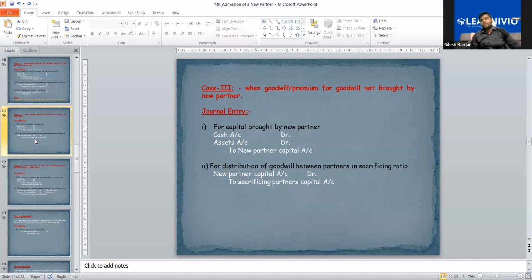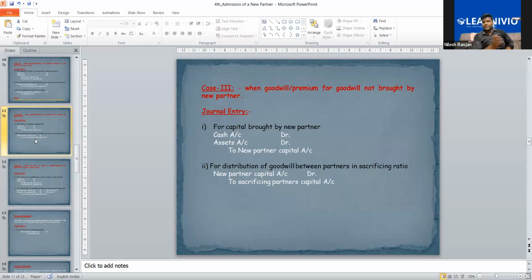So when a partner is not bringing his goodwill, in that case, what will happen? First of all, the journal entry for bringing capital will be passed only, because he is not bringing goodwill. So cash account debit, or assets account debit, to new partner's capital.